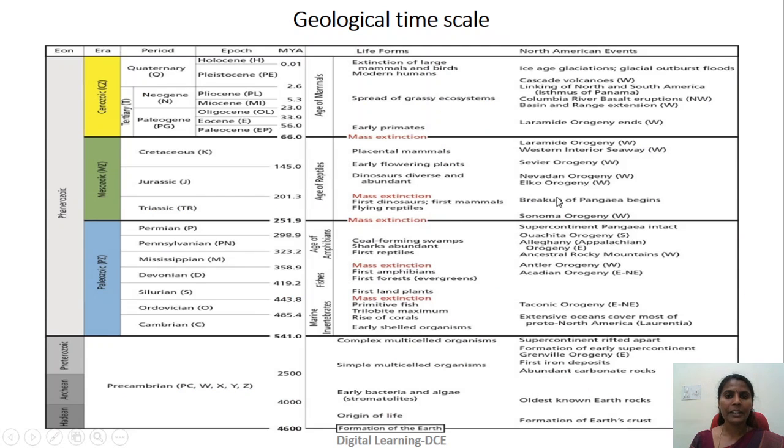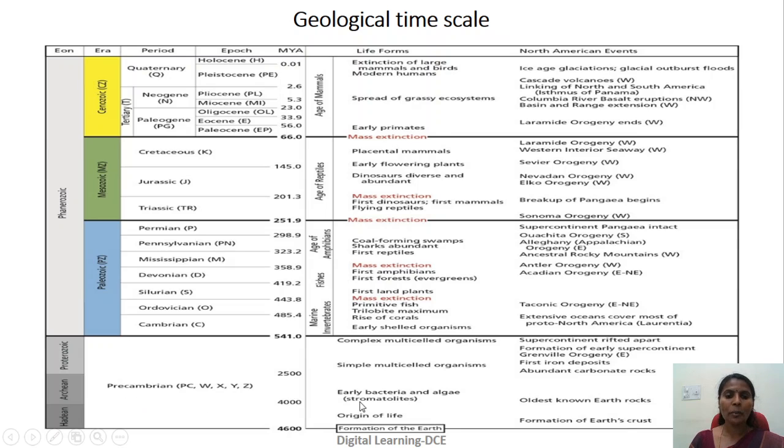In this slide, we can see the geological timescale of Earth, where it has been categorized into 6 eras like Azoic, Archaeozoic, Proterozoic, Paleozoic, Mesozoic and Cenozoic. Azoic is the oldest era, which is found about 2000 million years back, where origin of life has begun. This Azoic era is followed by Archaeozoic era.